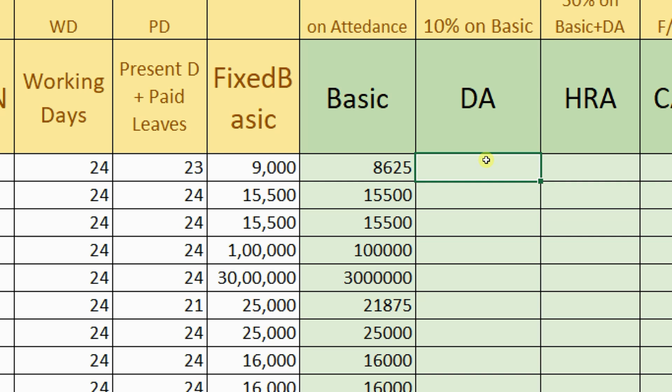No. So consider in the last year your salary was 9,000. In this year also your salary is the same 9,000. In the last year, the cost of goods and services you purchased for your lifestyle was also the same 9,000.